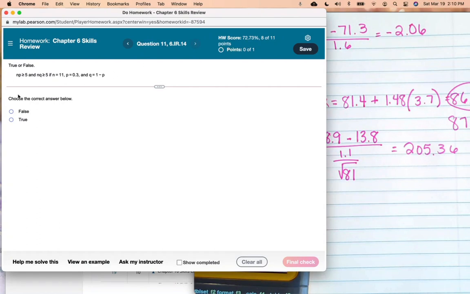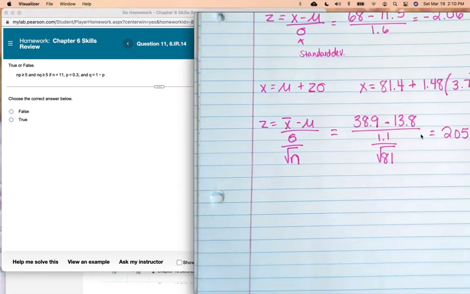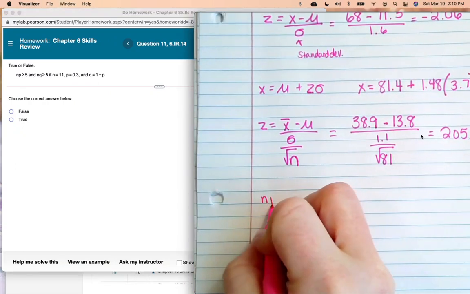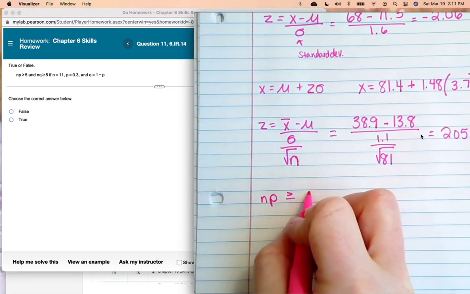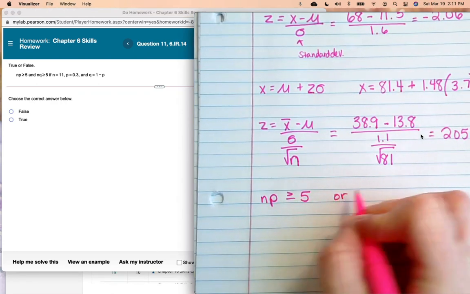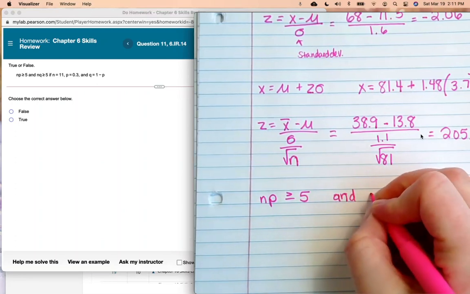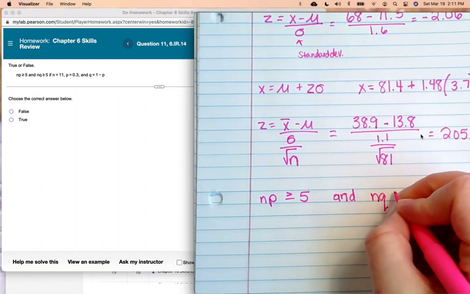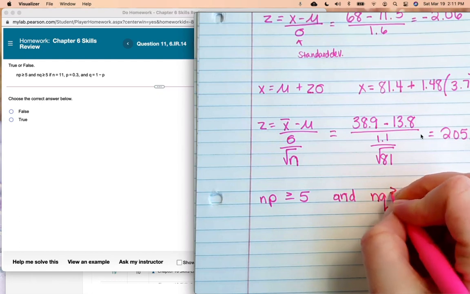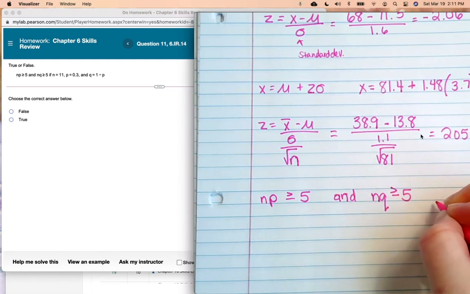Let's see, true or false. So we're looking at n times p greater than or equal to 5, and n times q greater than or equal to 5.